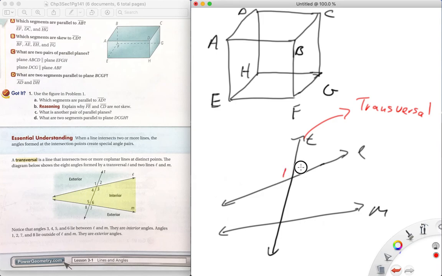You know, angle 1, 2, 3, 4, 5, 6, 7, 8. When you have a transversal cutting across these two lines, we have a whole bunch of angles created from this. Namely, in this case, 8 angles.